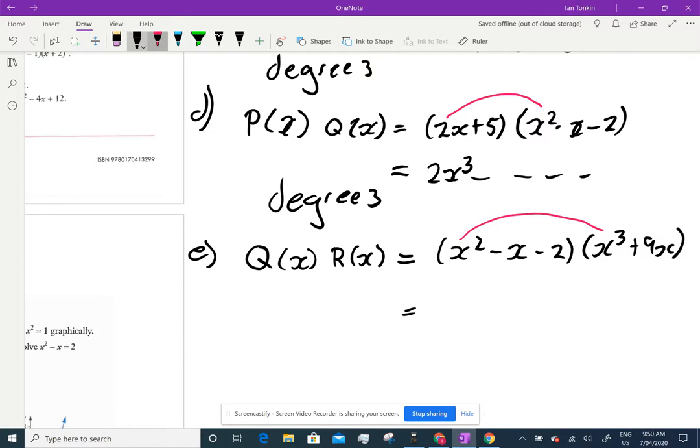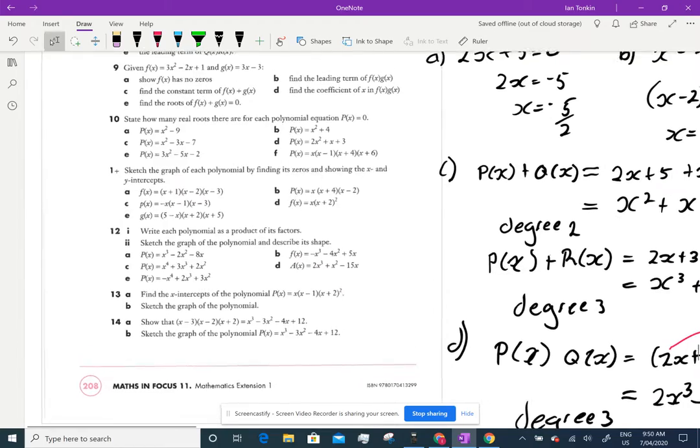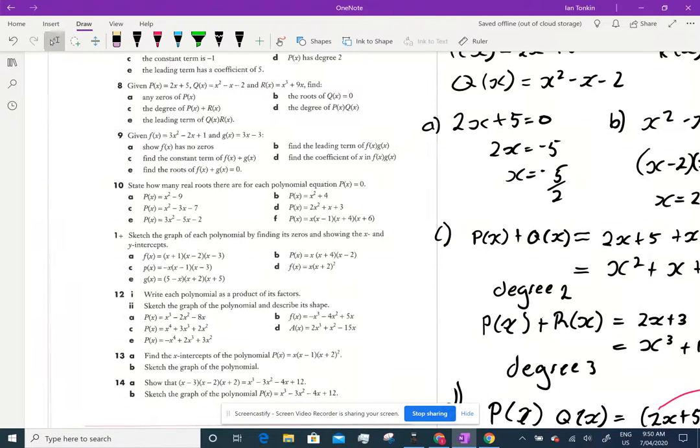And x squared times x cubed is x to the 5 and a whole lot of other things. So the leading term is x to the 5. So don't do the whole multiplication when you're doing these ones. Just do what you need to get the answer.